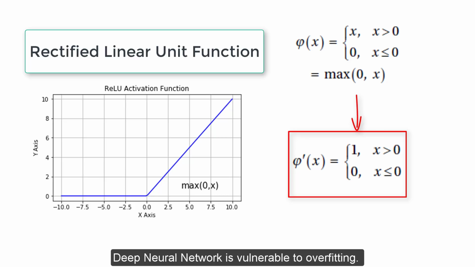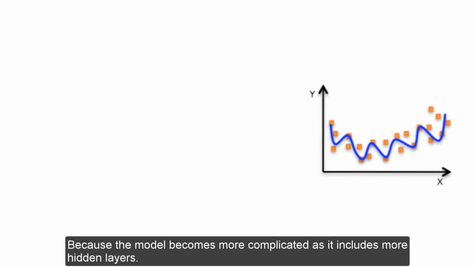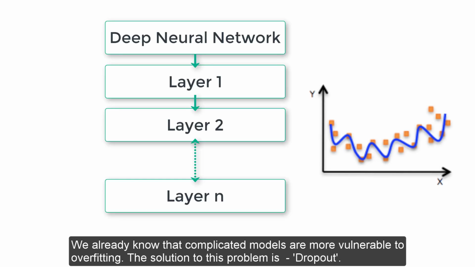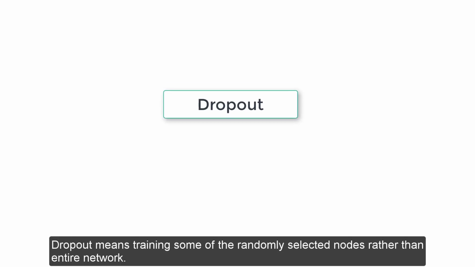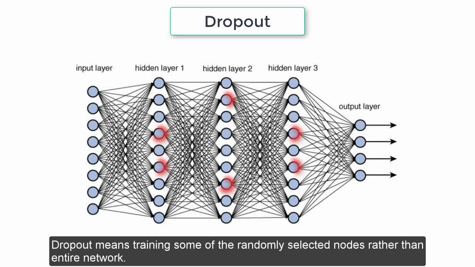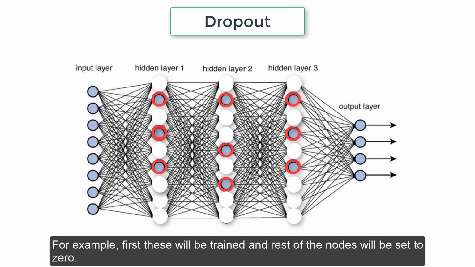Deep neural network is vulnerable to overfitting because the model becomes more complicated as it includes more hidden layers. We already know that complicated models are vulnerable to overfitting. The solution to this problem is dropout. Dropout means training some of the randomly selected nodes rather than entire network. For example, first, these will be trained and rest of the nodes will be set to 0.